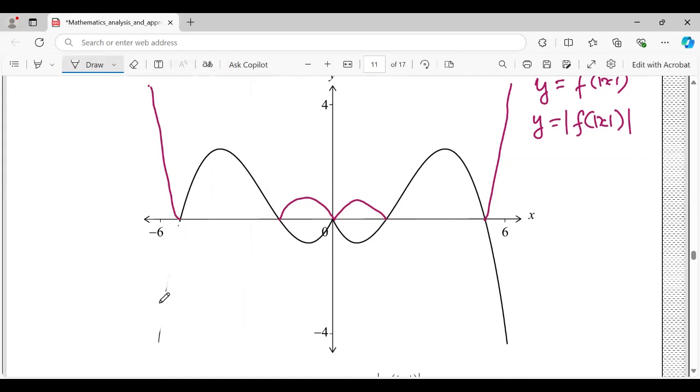This is the graph for y equals modulus f(x). The graph is this one.